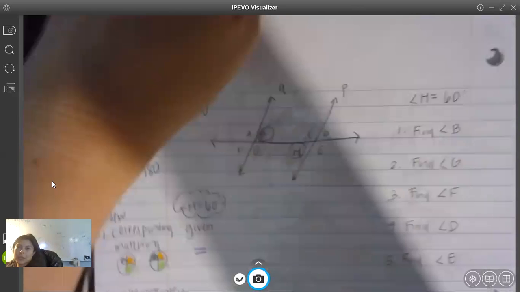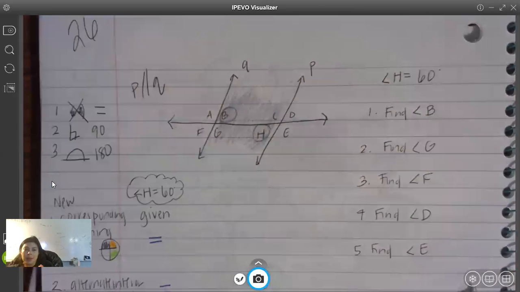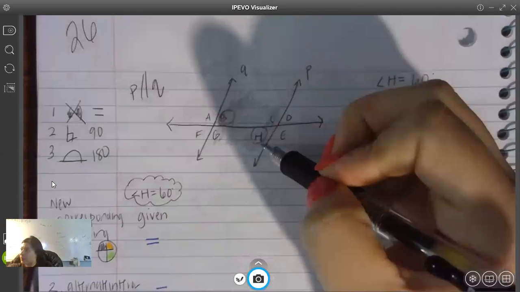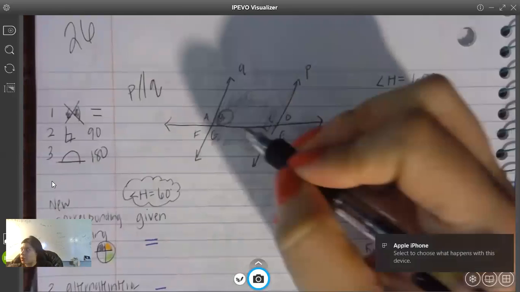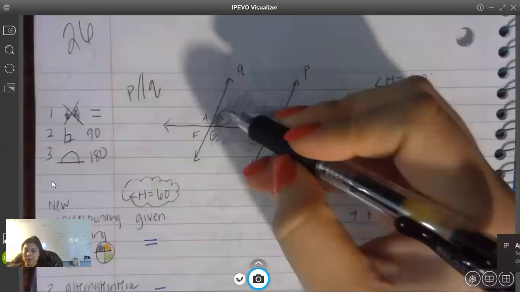All right. So in this problem, they tell us H is 60, and then they ask me for B. Okay, H and B are right here.